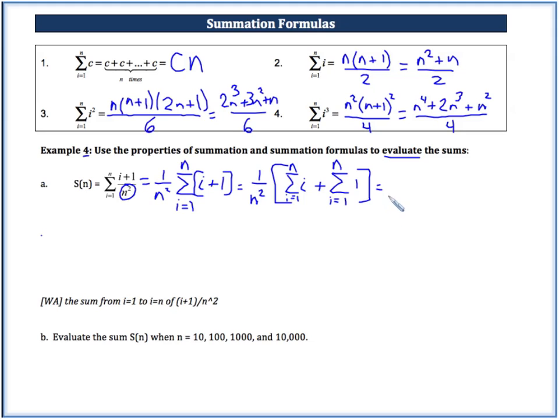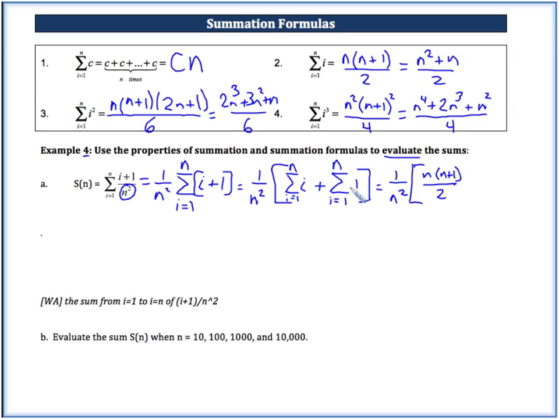Okay, so if we just continue with this a little further, we still have our constant on the outside. And here's where we can use our properties. So i equals 1 to n of i, well, that is this one right here exactly. So we can just rewrite this as n times (n plus 1) over 2. And then here, i equals 1 to n of 1.